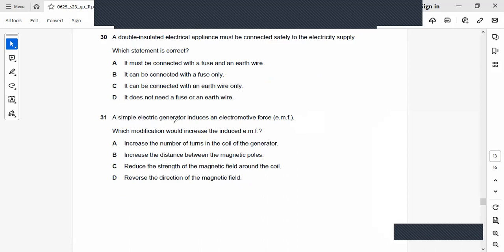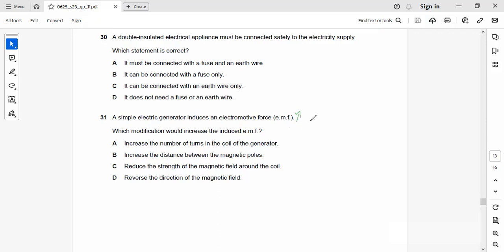Next, a simple electric generator induces an electromotive force. Which modification would increase the induced EMF? So here, the EMF can be increased by increasing the number of turns, the area of the coil, using a stronger magnet, and rotating the coil faster.